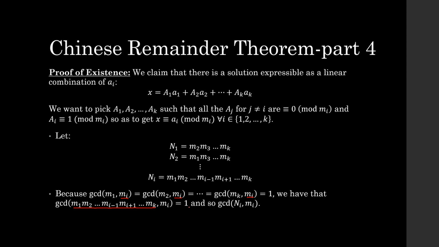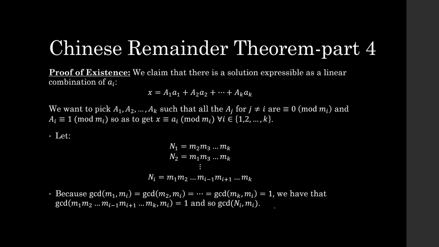Note that I didn't include mi, because of course the greatest common divisor of mi with mi is not 1, it's mi. So we're only interested in this product without mi. By definition, this product is ni. So we've got that ni and mi have greatest common divisor 1, that is, gcd(ni, mi) = 1.